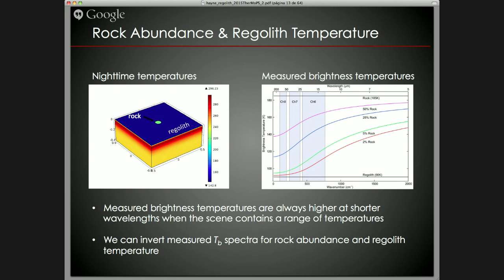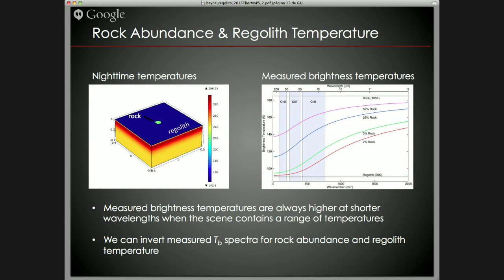An important fact is that in all physical situations where you're measuring the surface temperature with both channels or 4 channels or whatever it is, the shorter wavelengths will always measure a higher brightness temperature than the longer wavelengths. That's not the case if you're sensing different depths with the different channels, which turns out to be the case for our longest wavelength, but it's a subtlety. So the slope always goes this direction in this type of measurement.